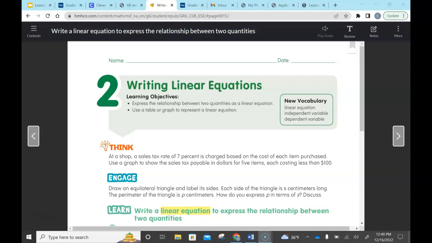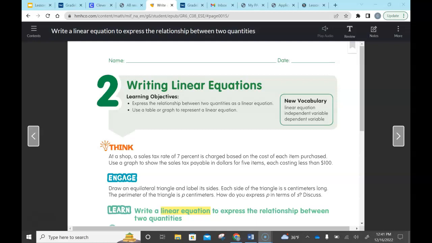And then also we're going to look at the dependent variable, page 393. It's a variable whose value depends on the value of a related independent variable. So in the equation y equals x plus 10, y is the dependent variable. In order for y to increase, it needs something else to be added or changed within that equation.